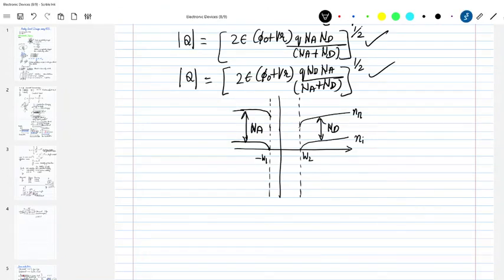Let's do this again. So nn is approximately equal to Nd, and pn is approximately equal to ni squared over Nd. Here np is equal to ni squared over Na, and this is approximately Na, so this is going to be pp, and this is going to be np.